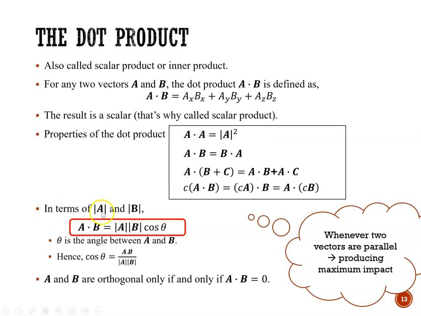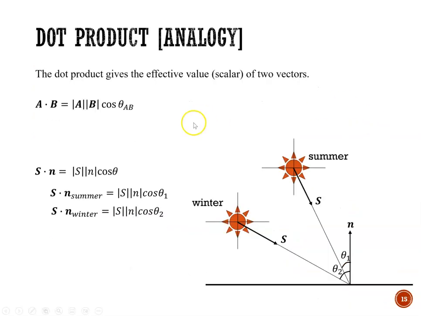Now in terms of the magnitudes of A and B, A dot B is equal to the magnitude of A times the magnitude of B times cos theta, where theta is the angle between A and B. So the dot product gives the effective scalar value of the two vectors.